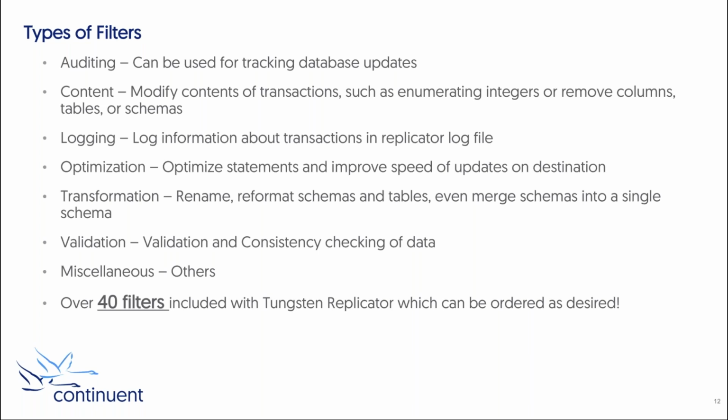We have a filter for what we call logging, and all that is when there's an event that we can flag and have it write to the Tungsten Replicator log file. So if we want to watch for certain events and just monitor via the log file, we can do that. We have optimization filters, and these are highly specialized for heterogeneous topologies.